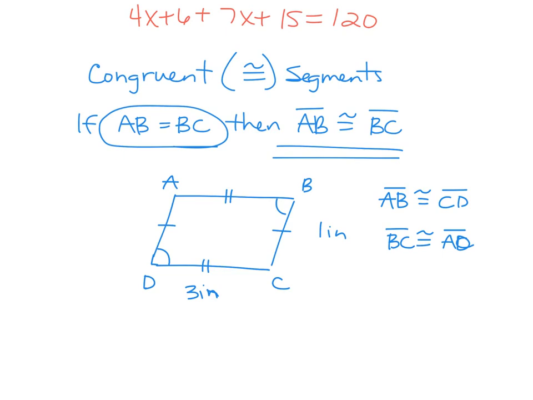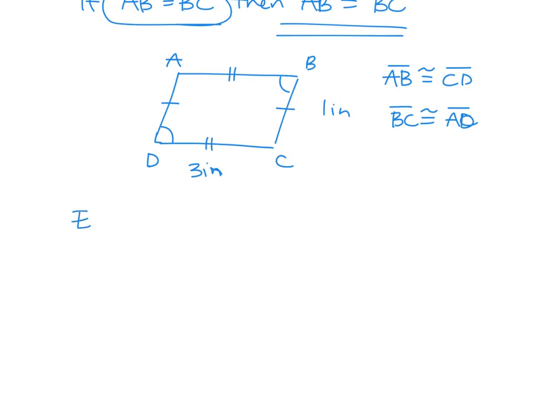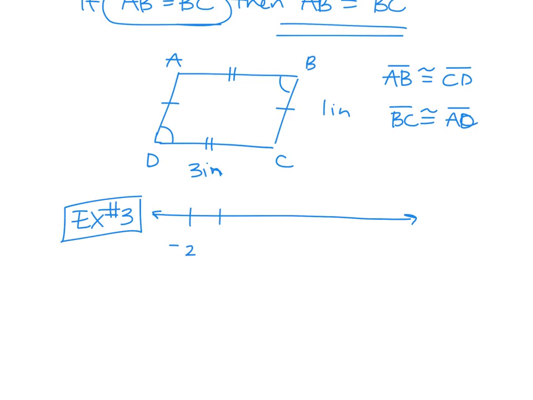Okay, so if I gave you a number line and said, are the segments congruent? This is example 3. Let's say we have a number line with points at -2, 0, 2, 4, 6, 8, 10.